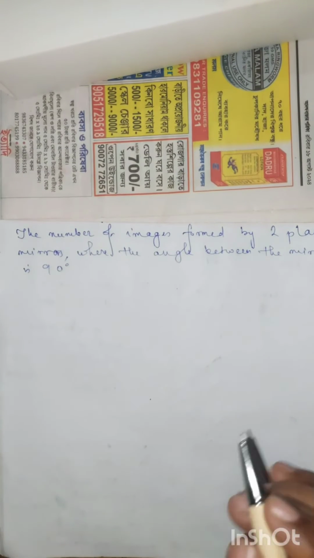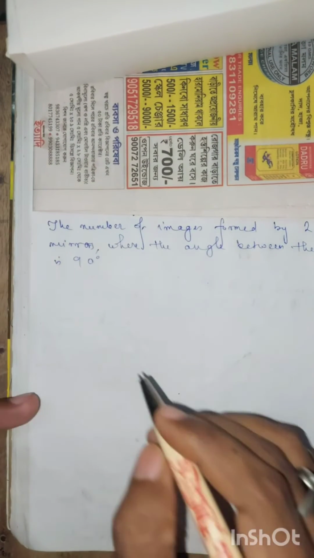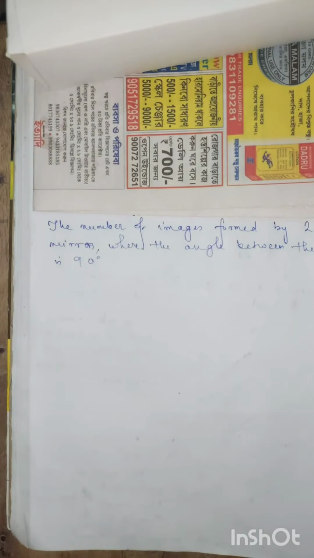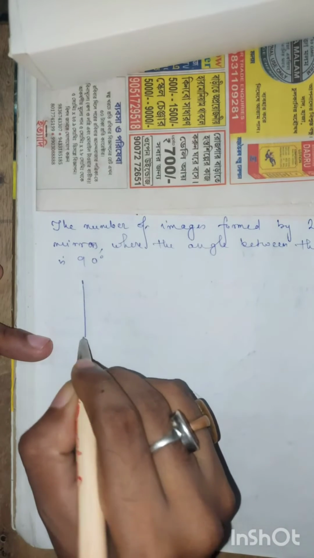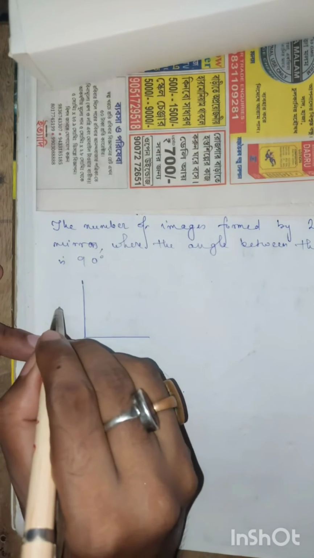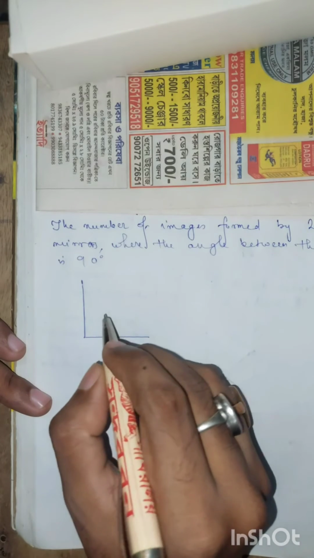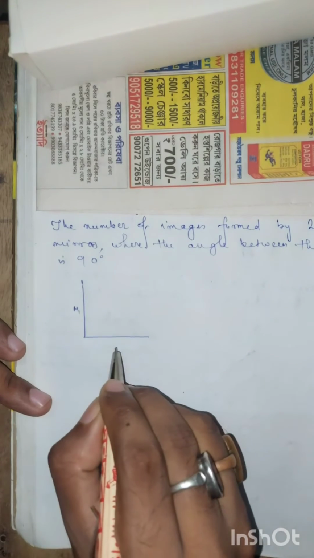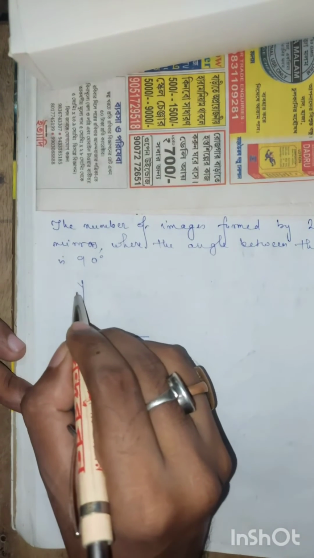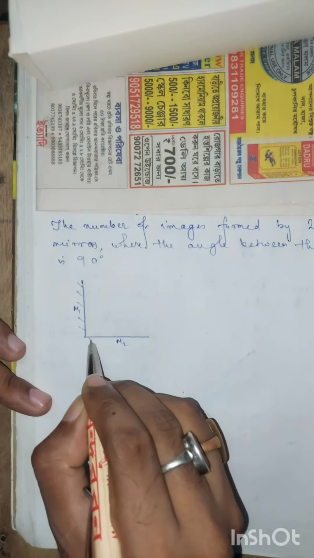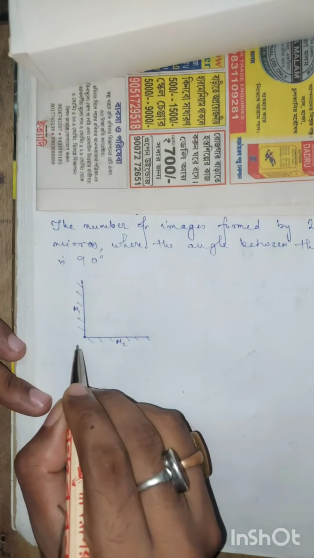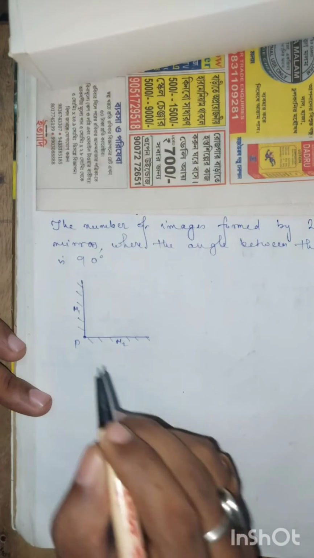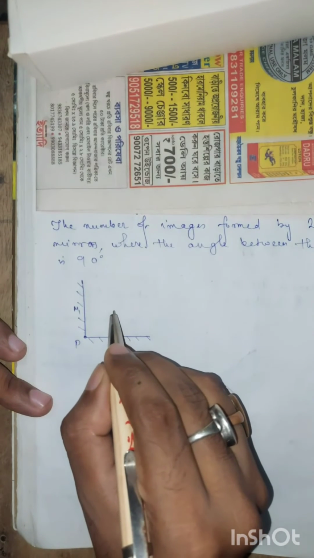So let us assume these are our two mirrors, M1 M2. This is the point of intersection between them, and this is the object.